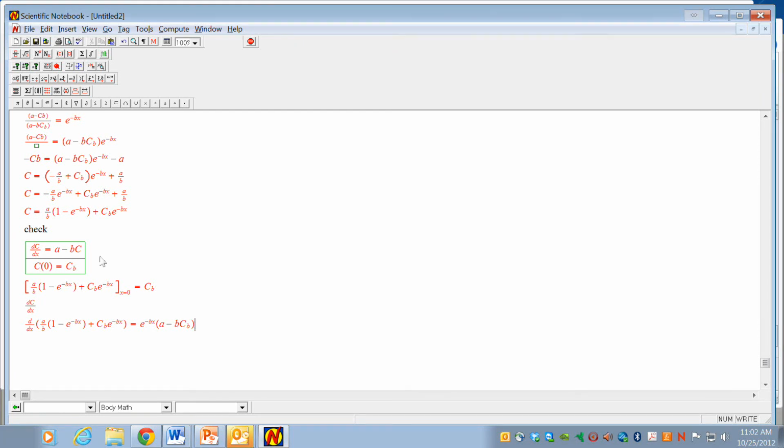Now for the other side, we take this side here and substitute in C. We can just copy this and substitute that in. And that equals that stuff, and we have to simplify.